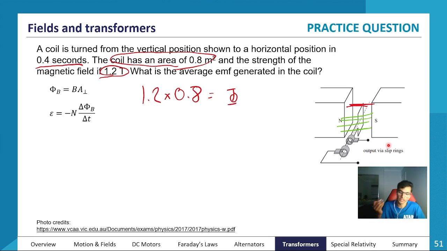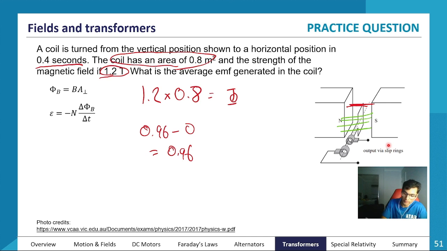So we can say the change of flux is 1.2 times 0.8, which is 0.96. We can say 0.96 minus 0, which is still 0.96, because we are going from zero flux to maximum flux. And the change of time would be 0.4 seconds, because it takes 0.4 seconds to go from horizontal to vertical.